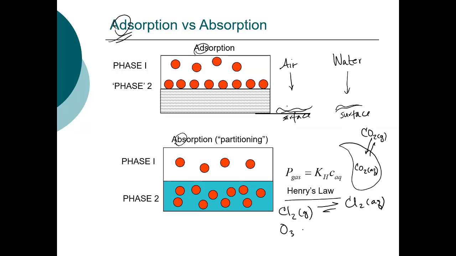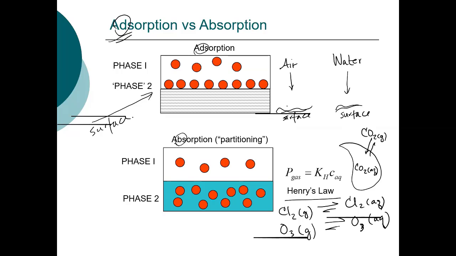Or we can have ozone in the gas phase, and that dissolves to form aqueous ozone. So think of adsorption as a surface process. Think of absorption as a partitioning into a phase, like water.